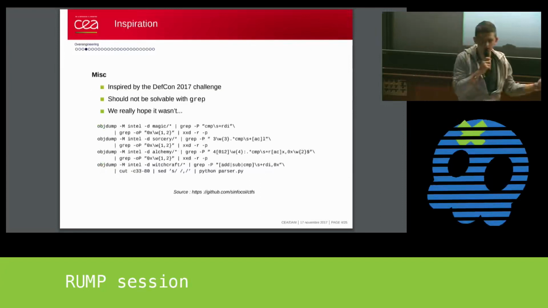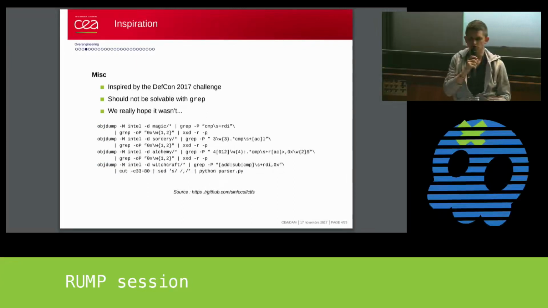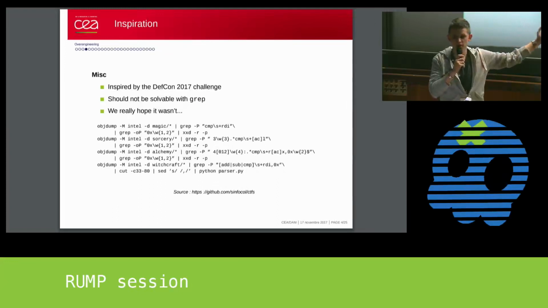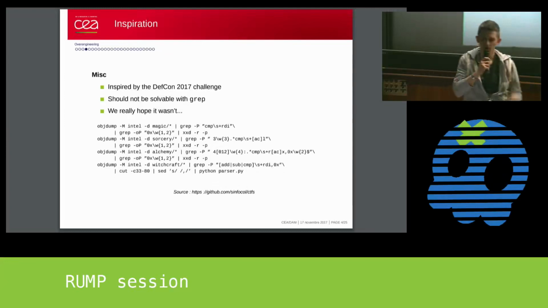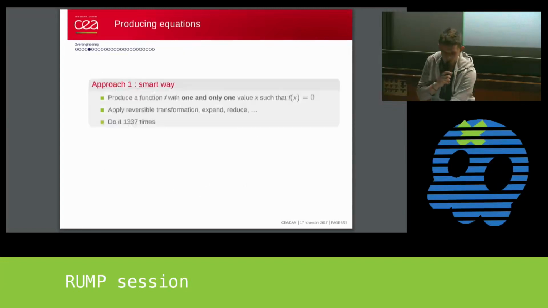The inspiration comes from the T0 DevCon challenge, which I think is actually 100 different challenges, but there is a solution which is only based on objdump, grep, and xxd. We don't want this, okay? Maybe it's solvable with this kind of tricks, but we hope it's not.